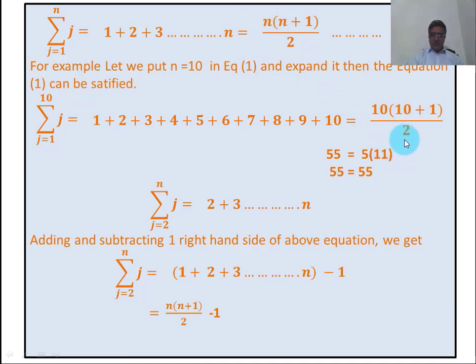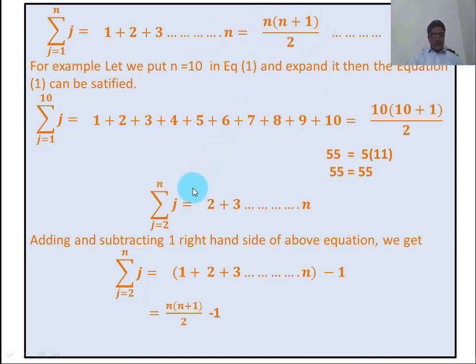We cancel the 2: 2 ones are 2, 2 fives are 10, and it becomes 5 into 10 plus 1, which is 5 into 11. The sum of the series 1 to 10 becomes 55, and 11 into 5 becomes 55. 55 equals 55. It means this series is equal to this general form of the series.